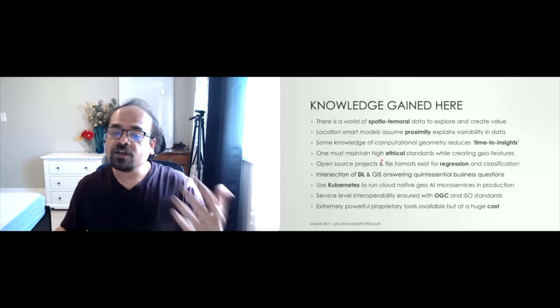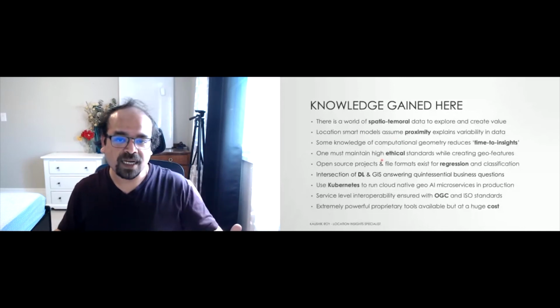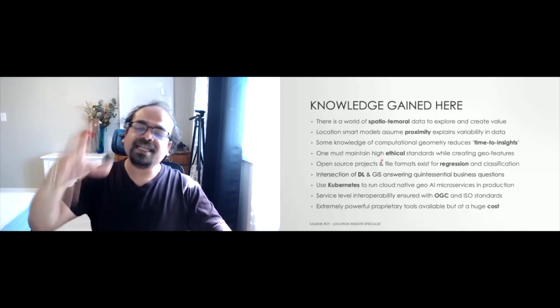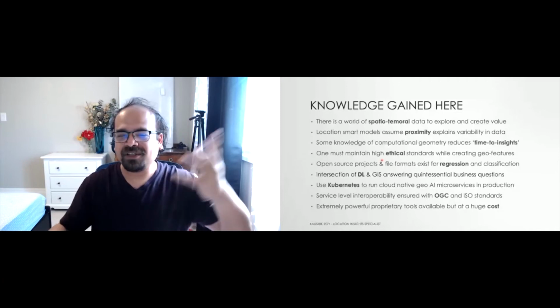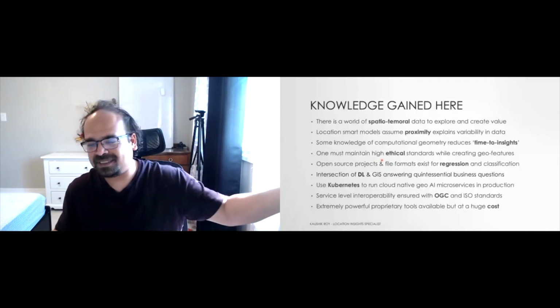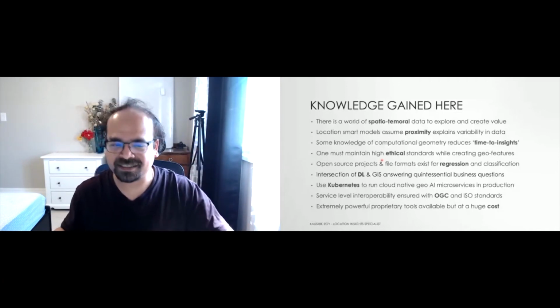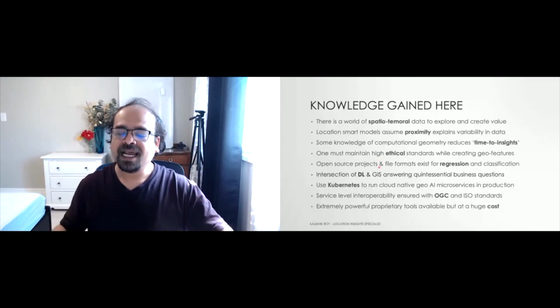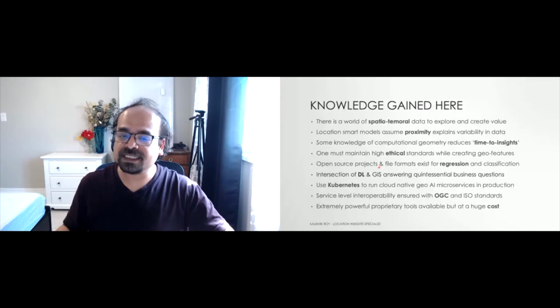There are a lot of open source projects and file formats that exist and enable you to do regression and classification, but not as many as we might hope. Like you cannot call a scikit-learn or any classic API to do this kind of regression. There is an intersection between deep learning and GIS, and it is helping answer a lot of business questions.